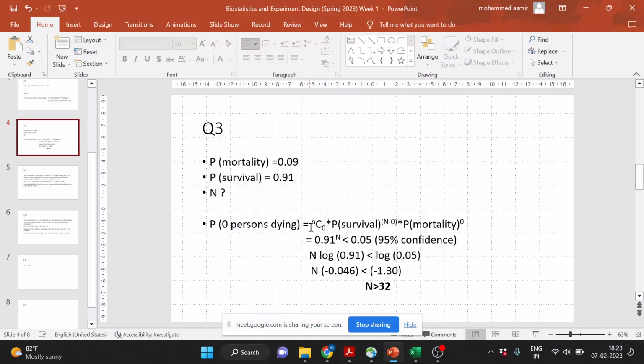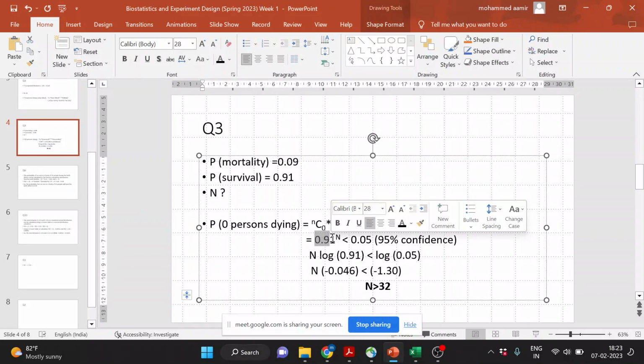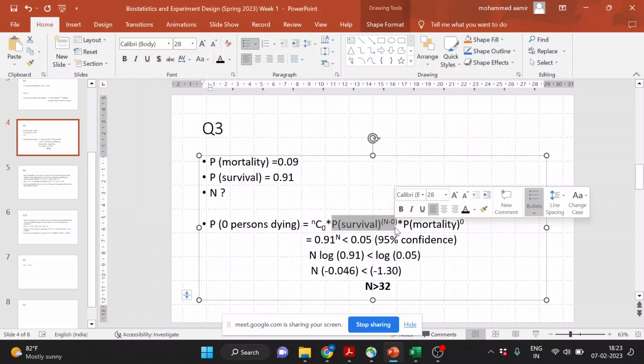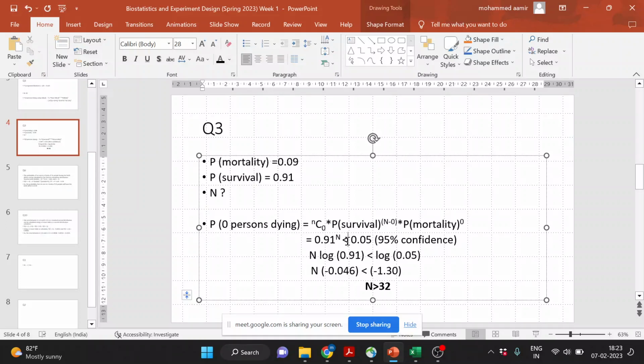If you simplify this entire thing, you get 0.91 raised to the power n. This should be less than 0.05, which basically means 95% confidence. That is, only 5% of the people at the max should die, of all the people that you test.